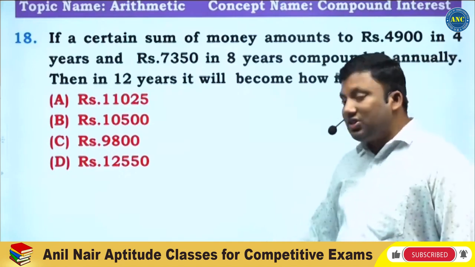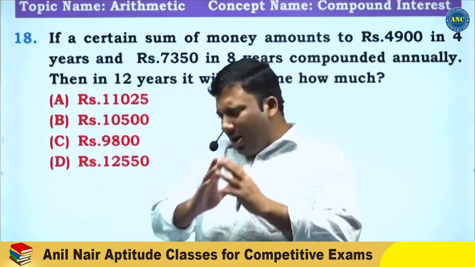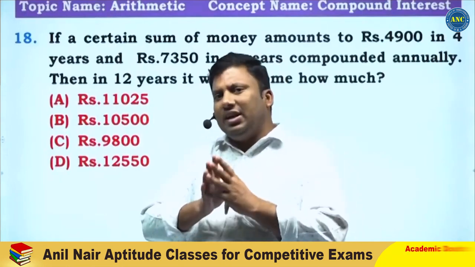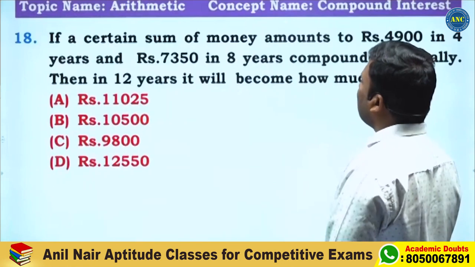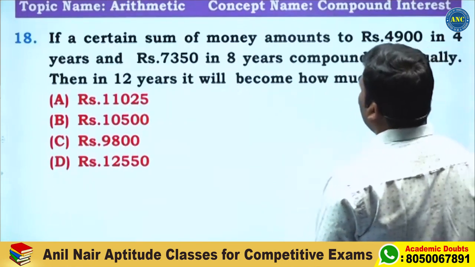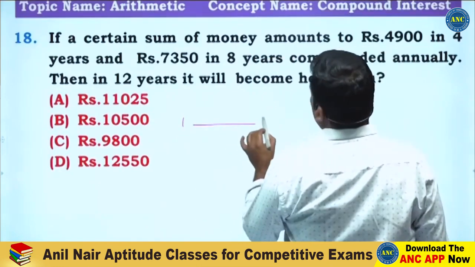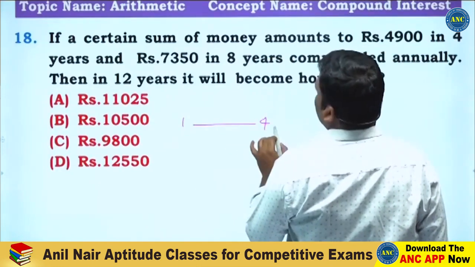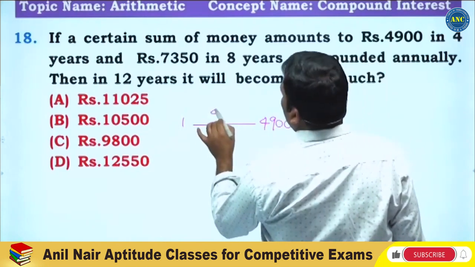Read this question. First thing, whenever you are solving any aptitude problem, be it aptitude, reasoning, or English, first read the question. If a certain sum of money amounts to 4,900 in 4 years, in how many years is it becoming 4,900? 4 years.